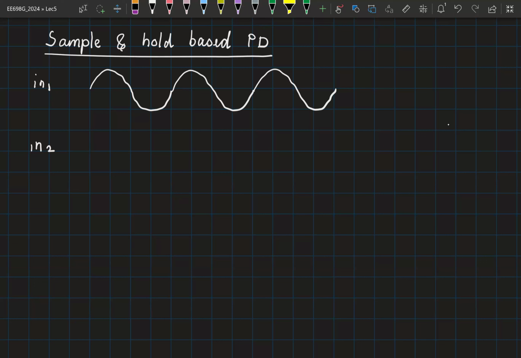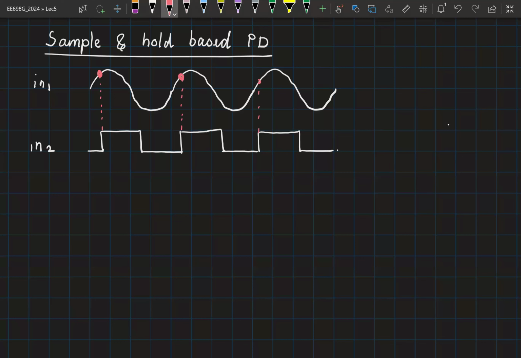In this case, it's especially easier to use this PD. So now let me start with in2 being delayed by some small amount. So all that we are going to do is at the rising edges of in2, I will sample in1. So these are the samples you get, and you sample and hold that value, right?